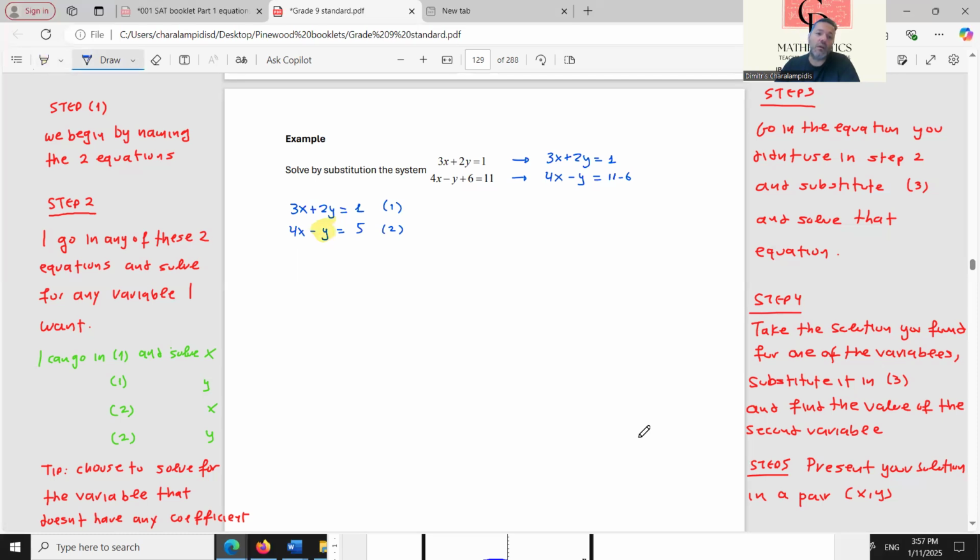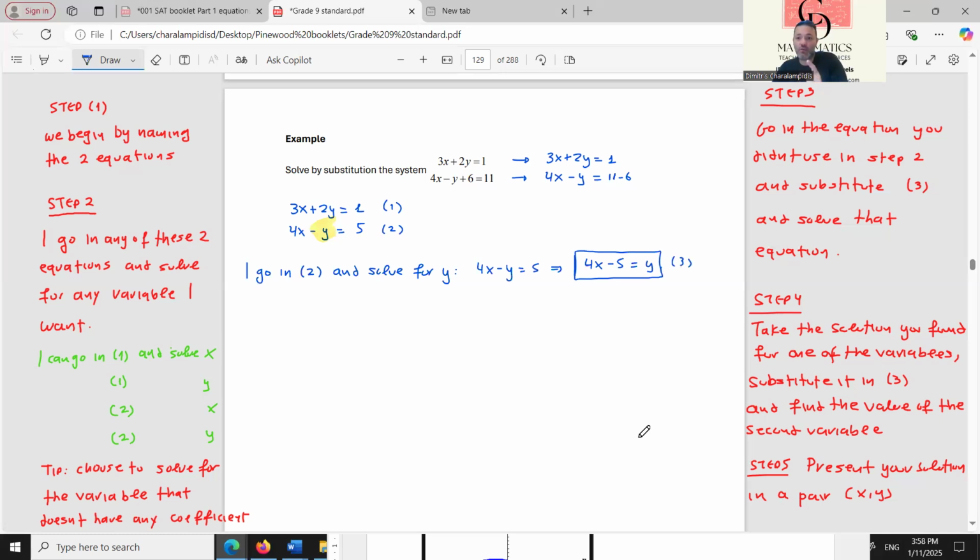So I go in 2 and solve for y. This means that 4x minus y equals 5 will now become 4x minus 5 equals y, and this will be referred to as number 3.